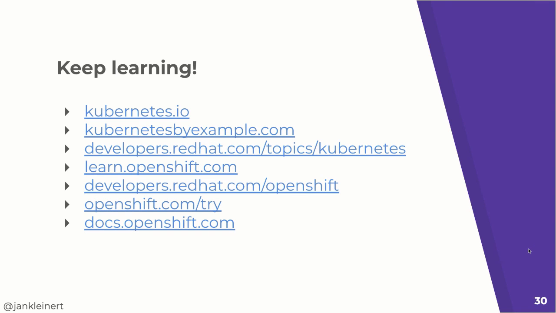Below that, if you're ready to install a cluster of your own, either on the cloud, on premises, or on your local laptop, you can go to openshift.com/try and learn more about all the different options you have to install an OpenShift cluster of your own. And then finally, we have docs.openshift.com, which is the landing page for the official OpenShift documentation. So these are all great resources if you want to learn more.